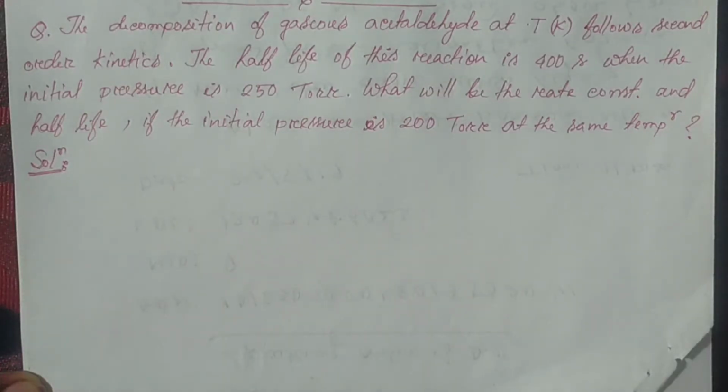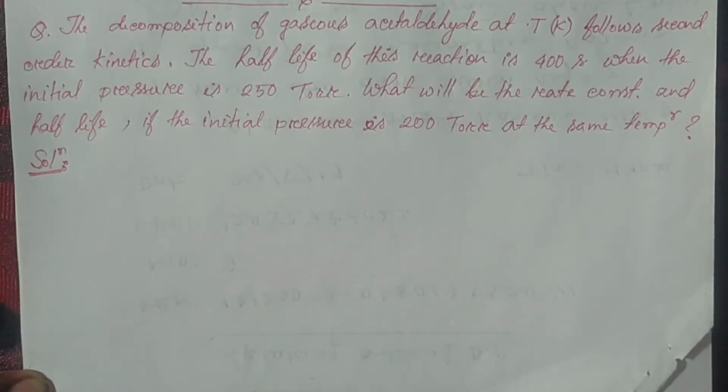Now let's solve a problem. In this question, the decomposition of gaseous acetaldehyde at T Kelvin follows second order kinetics. The half-life of this reaction is 400 seconds when the initial pressure is 250 torr.